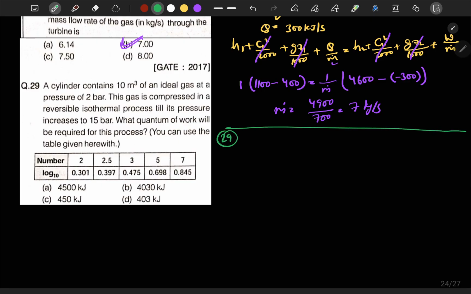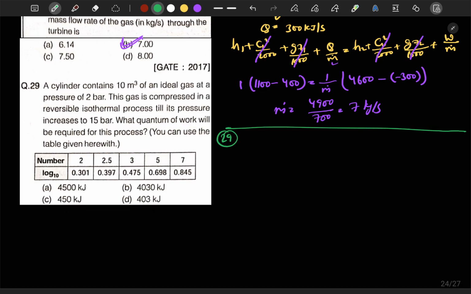Now we can move to question number 29. In question number 29, it is mentioned that a cylinder contains 10 meter cube of ideal gas at a pressure of 2 bar. This gas is compressed in a reversible isothermal process till its pressure reaches 15 bar. What quantum of work will be required for this process?